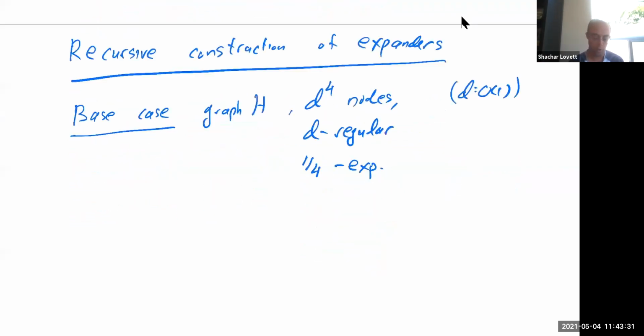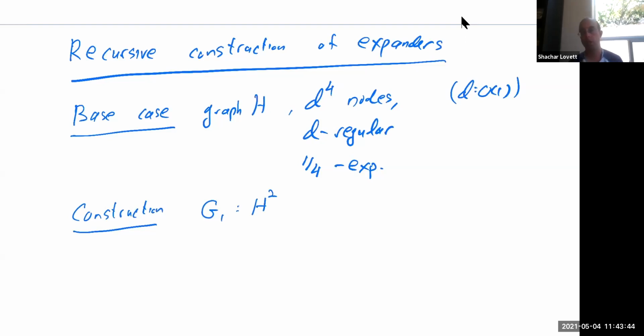So what's going to be the construction? The first graph, G1, is just going to be H squared. We start with H, and remember, squaring the graph squares the degree, but also improves the expansion by squaring.